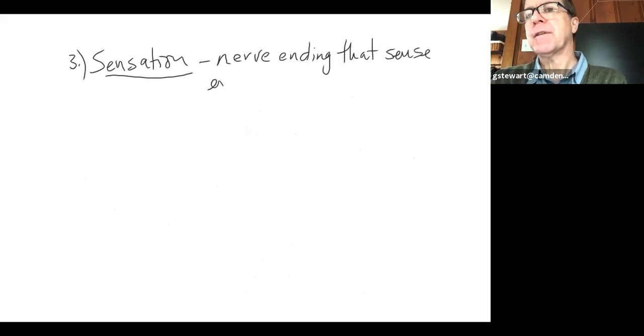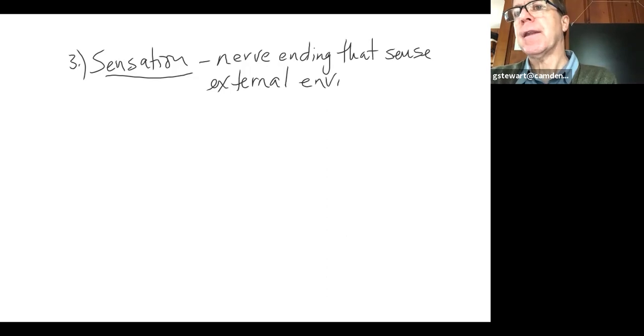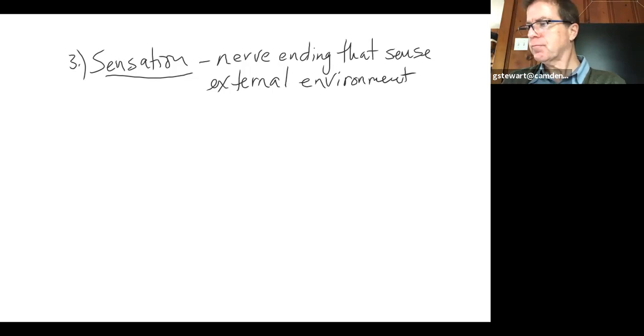We have all different types. There are temperature, they're called exteroceptors. We have tactile Merkel cells that sense touch. I'm trying to be quick because I know that you're probably about done with this mentally.